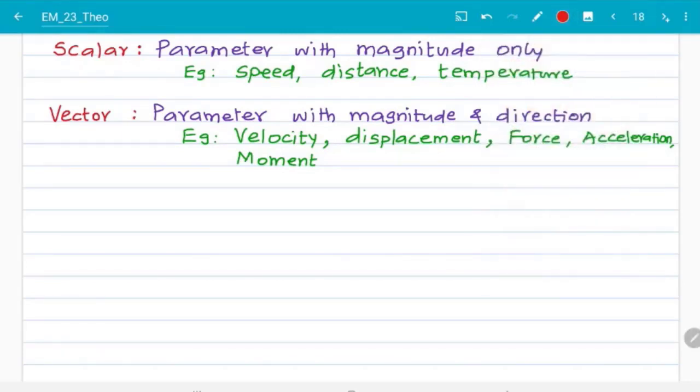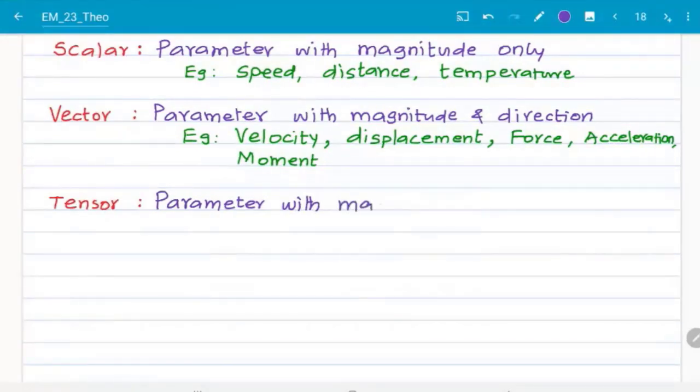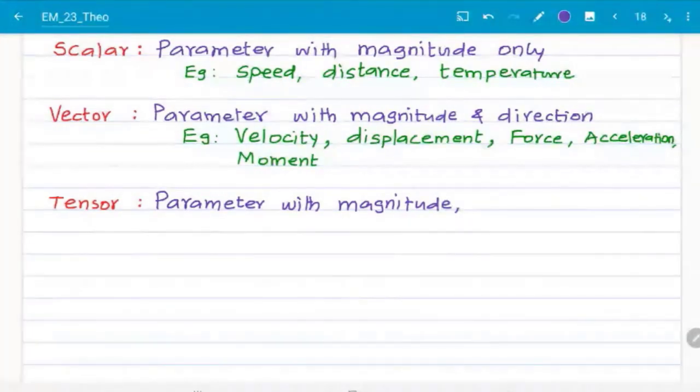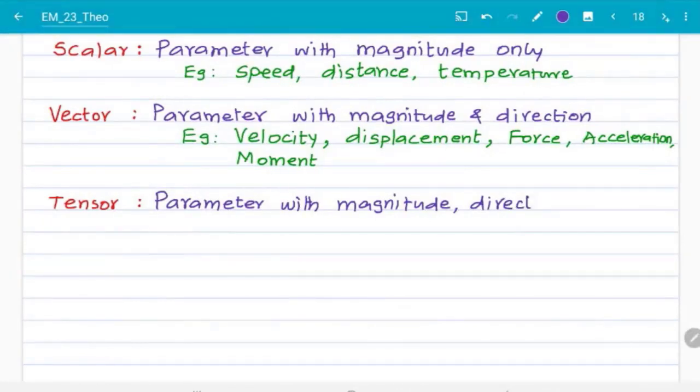Then tensor. Any idea? A tensor is a parameter with magnitude, direction and plane of action.